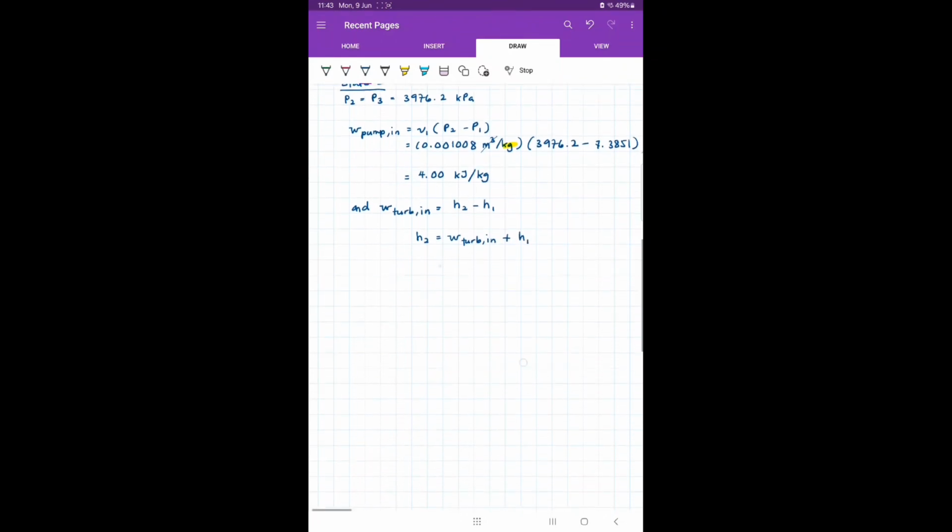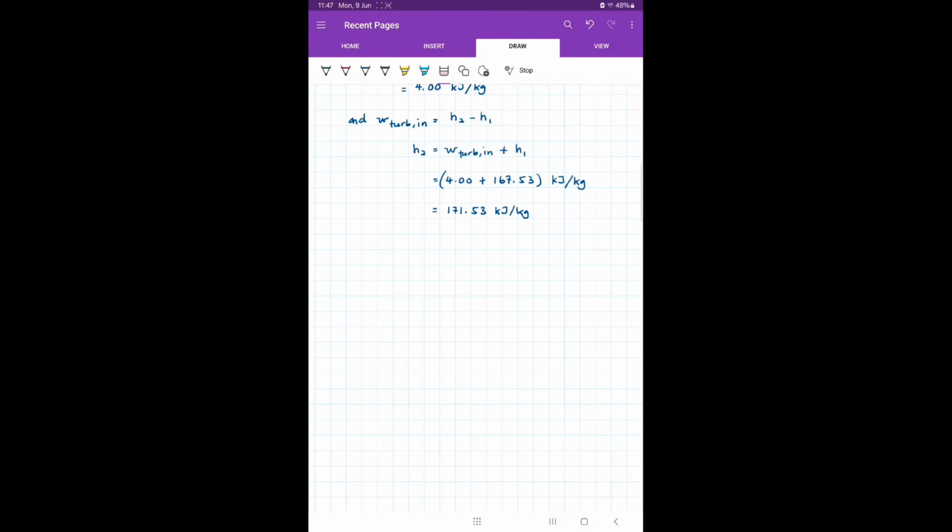This is equal to 4.00 plus 167.53 kilojoule per kg, which equals 171.53 kilojoule per kg.